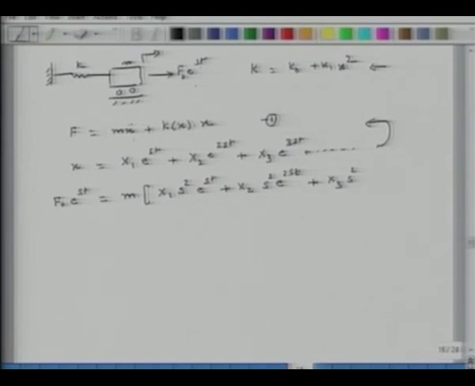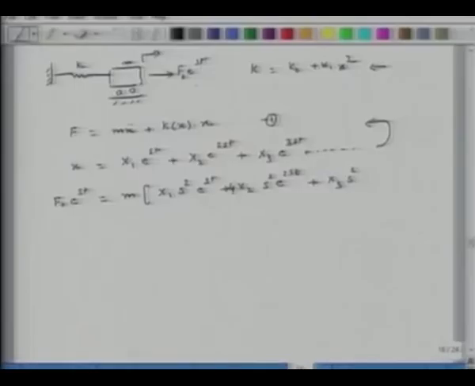So when I differentiate, the coefficient of x2 is 4, and for x3 it is 9.